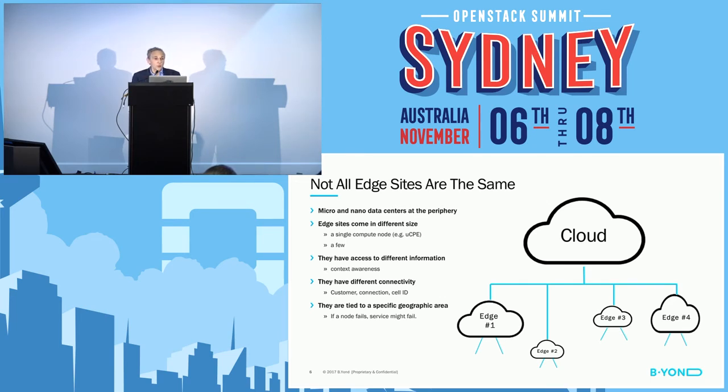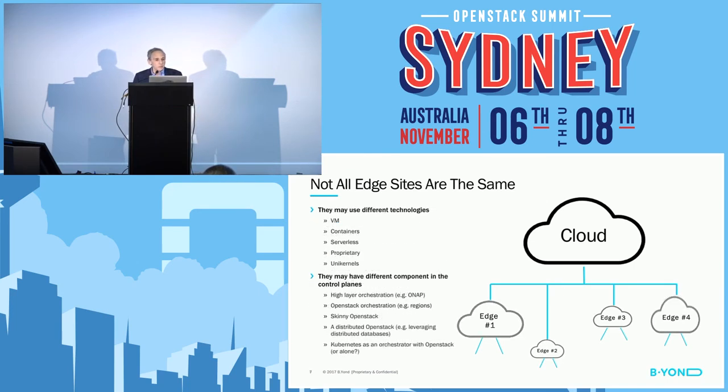So all of these nodes are different from a physical perspective, from a hardware perspective, sometimes within the same network. They may also be different from a software perspective. Some of them may be running virtual machines. Some of them may be running containers. They may be running something else. The control components, the control plane might be different as well.